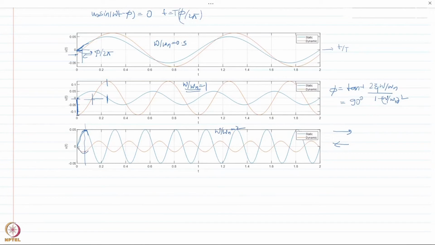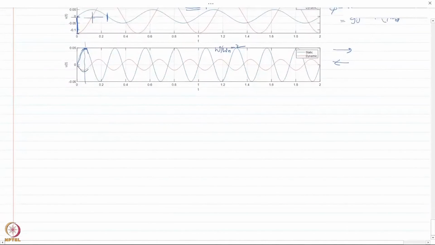Phase is the quantity that is used to express the trailing that is there between the applied force and the response of the system. Once that is clear, let us put our focus back on the two expressions for RD.